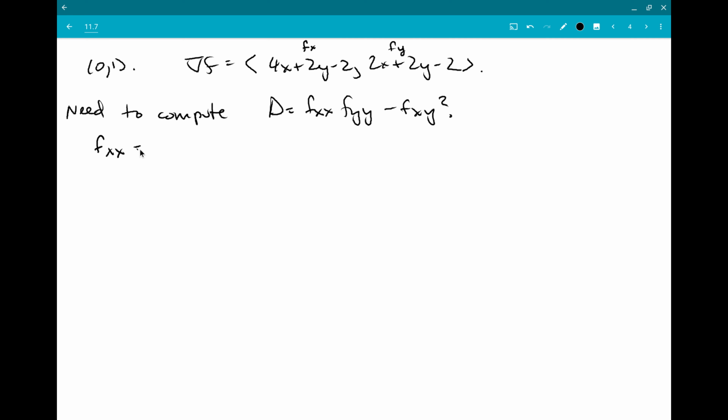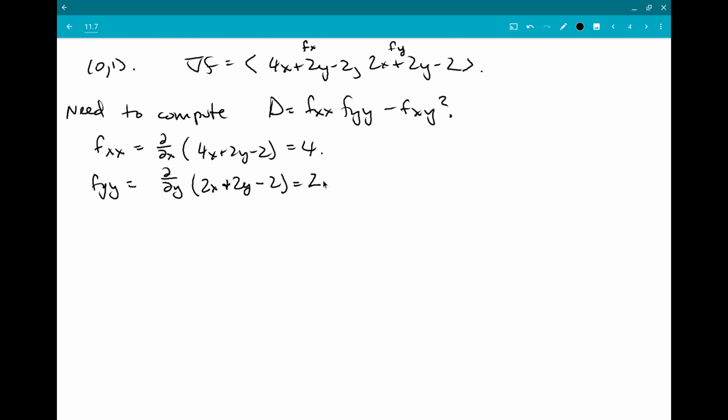So f sub xx is the derivative of this, 4x plus 2y minus 2, with respect to x. That's just 4. f sub yy is the derivative with respect to y of f sub y, 2x plus 2y minus 2. That's just going to give me 2. And then f sub xy is f sub x with a derivative with respect to y.